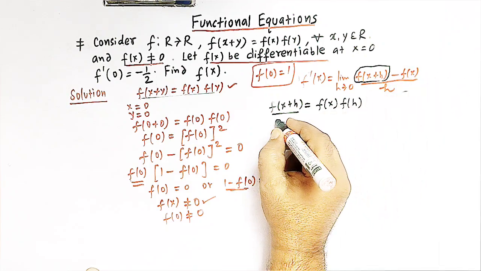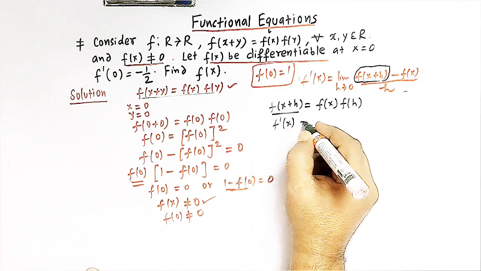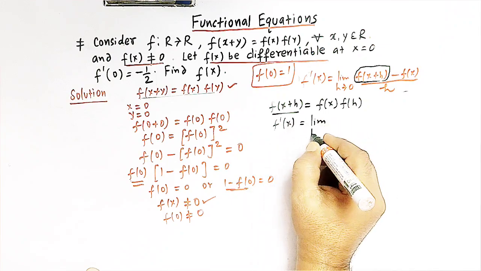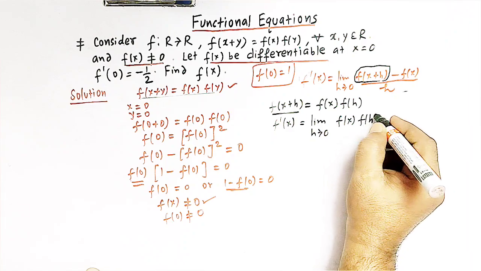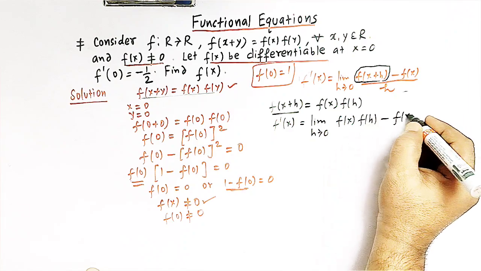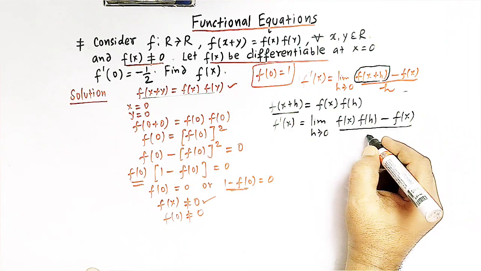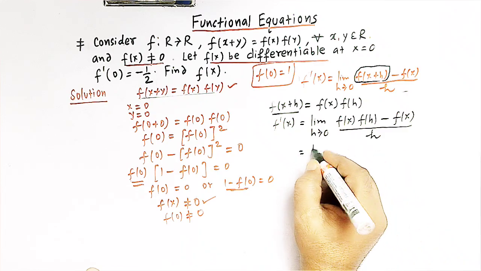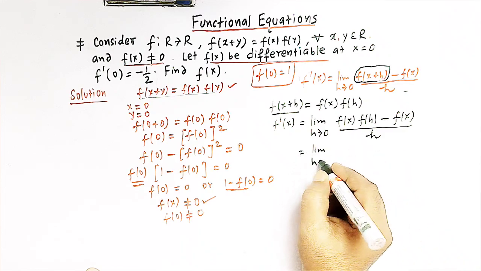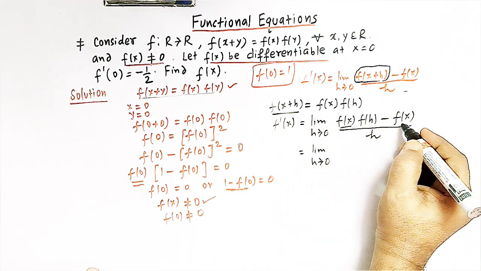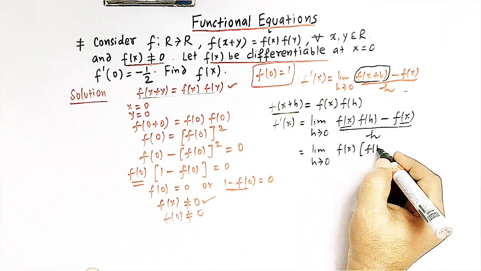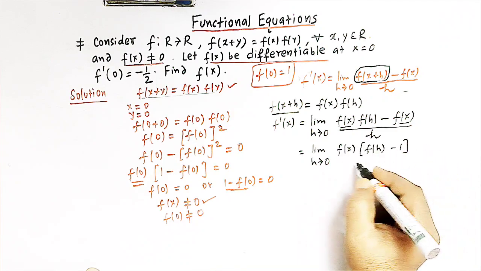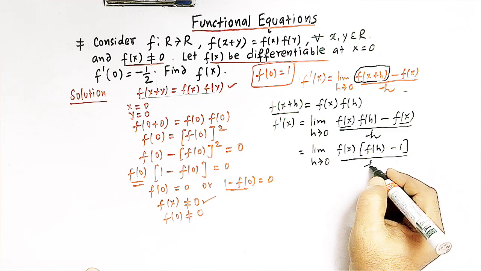So now the derivative becomes the limit as h tends to 0 of (f(x) f(h) minus f(x)) divided by h. In the numerator we can take f(x) common, so we have f(x) times (f(h) minus 1), divided by h.